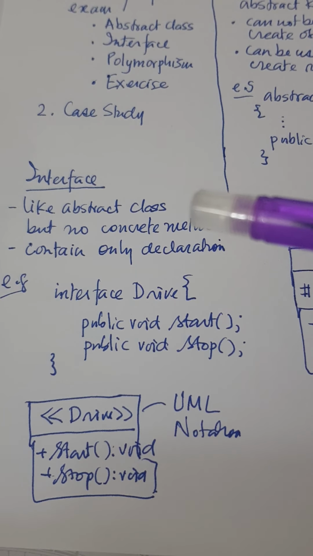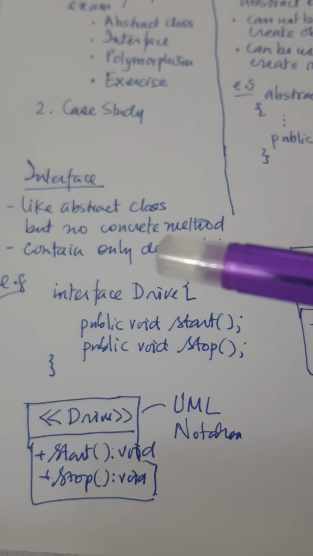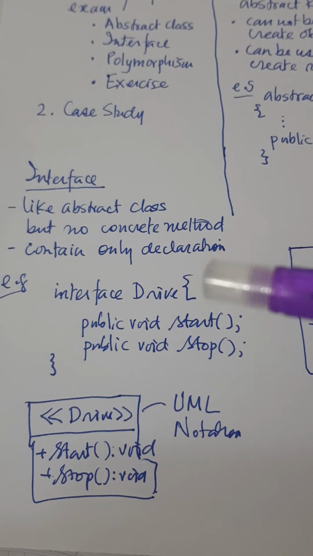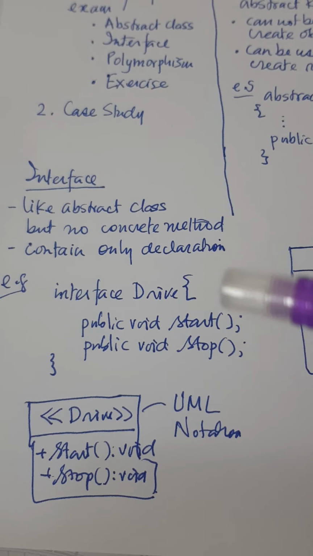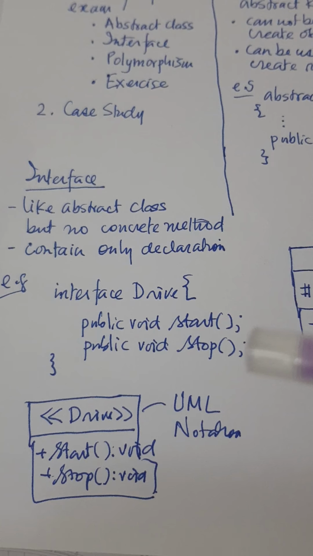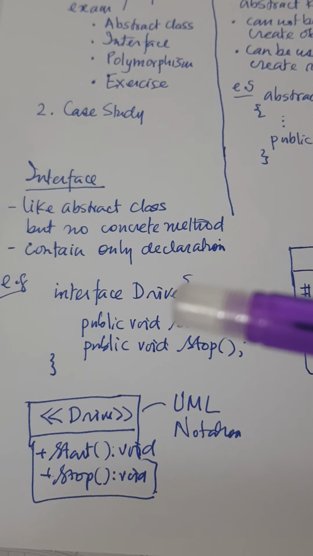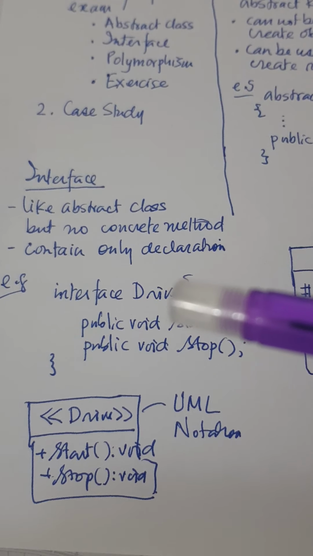In an interface you can only have declarations of methods and some constants. For example, if you see here, we have a Drive interface. We have two method declarations, one is start and another is stop. Both are void type, but no method body, because these methods are automatically treated as abstract methods of the interface Drive.